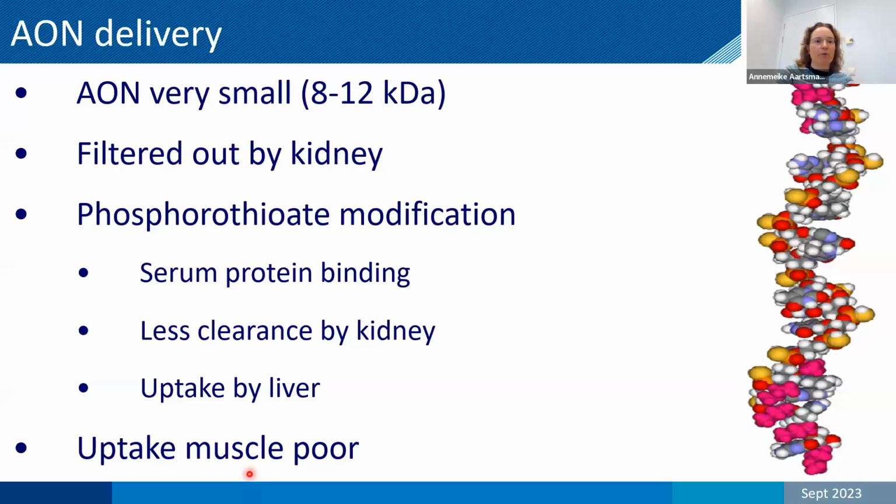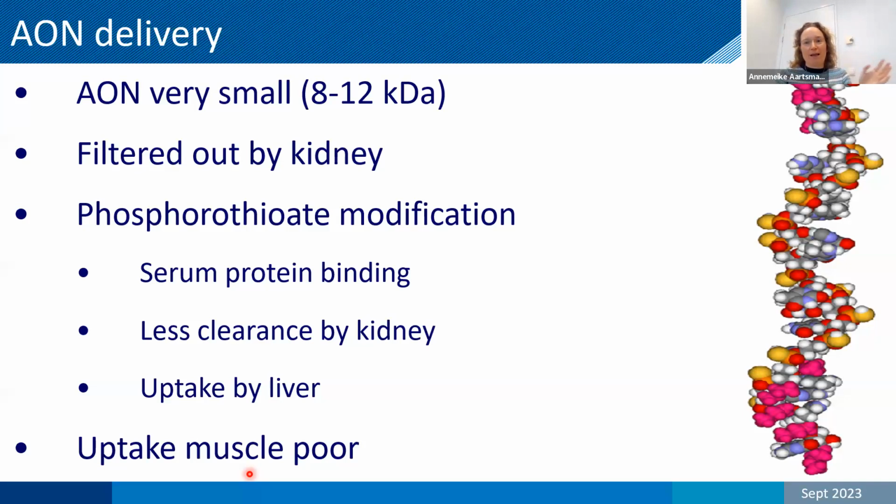And then it's good to know that small things like AONs are filtered out by the kidney. And you don't need to understand this chemical modification, but we've used a chemical modification that prevents this filtering out by the kidney. And that then means that it will stay around much longer, because without this, you're making expensive urine.